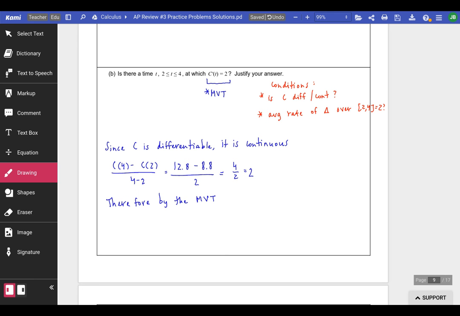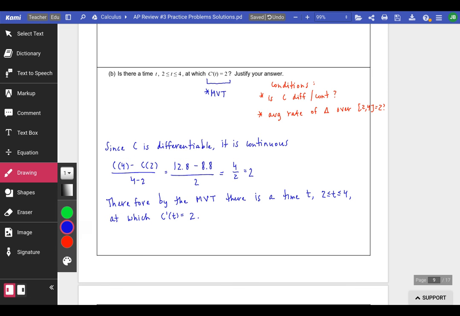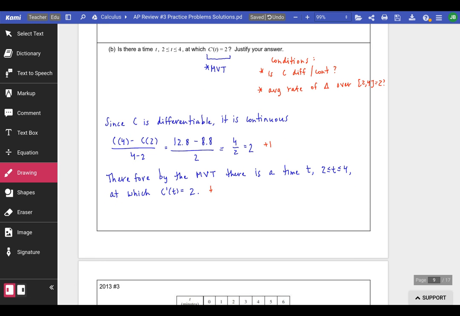So I say, by the MVT, there is a time t in this interval at which C prime of t equals 2. Always use that question stem; it will often help you write your conclusion. For this, they gave 1 point for calculating that average rate of change, and 1 point for the justification, citing the MVT.